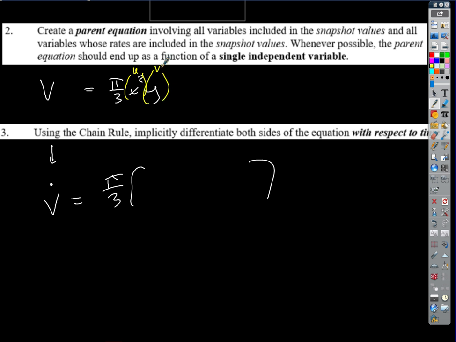I'm going to get u times the derivative of v plus v times the derivative of u. So u times the derivative of v, what's the derivative of v? Of y, y dot, because remember, we're differentiating with respect to t.